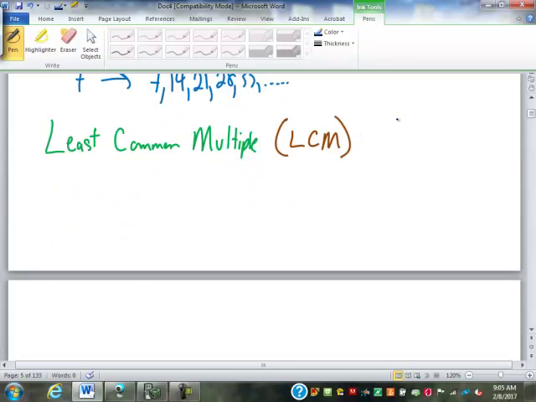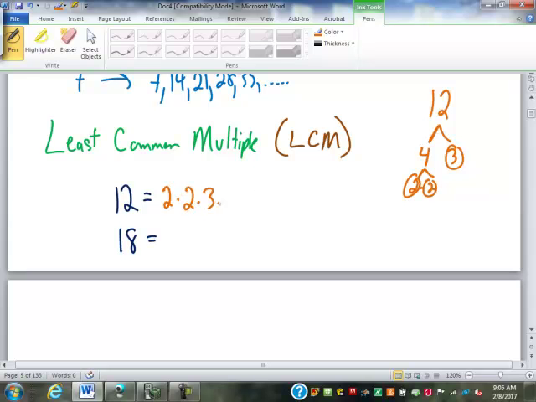So if I want to find the least common multiple of two numbers, let's say we have 12 and 18. We are going to factor. 12 splits up into, let's go 4 and 3. We could go 2 and 6, it doesn't matter. 3 is prime, 4 goes into 2 and 2, both prime. So 12 is 2 times 2 times 3.